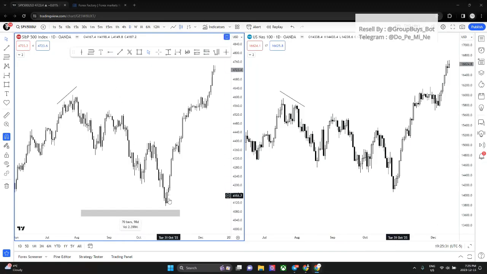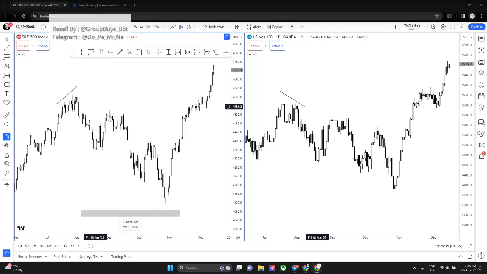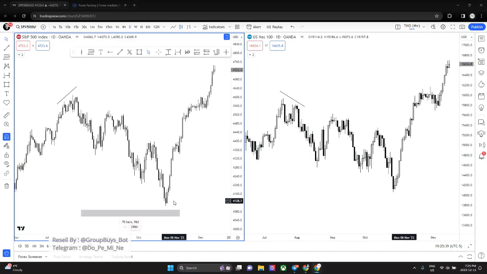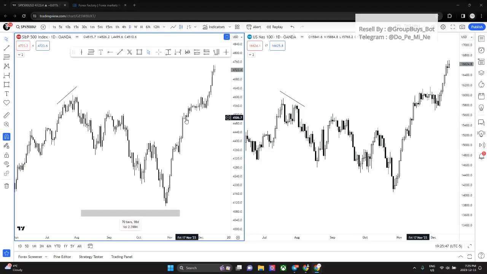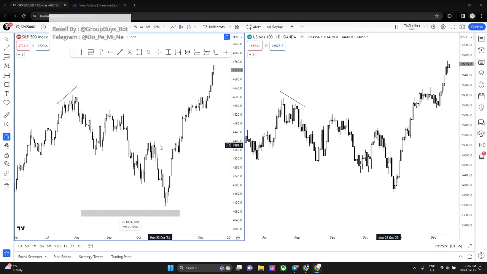Price rallied here, and there was liquidity here, and liquidity here, which price gravitated towards. I think I got to long here. I did get to long here, and I posted that trade on Twitter also. I was bullish here. I talked about it, and price does what it's programmed to do.